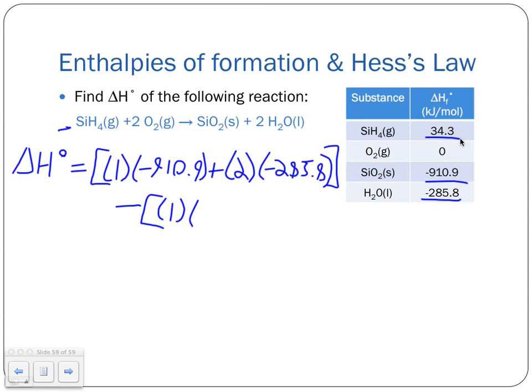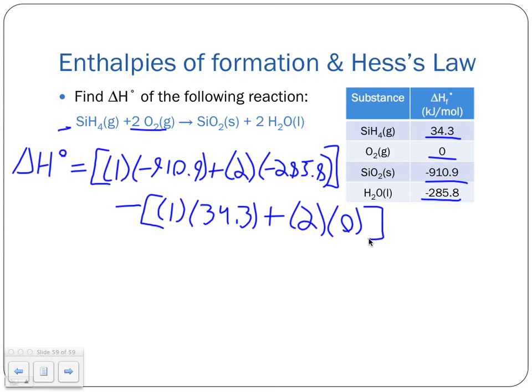Silane is going to be 34.3. And then we're going to add to that, because we're summing them up, 2O2, and so the coefficient is 2. O2 has a delta Hf of 0. Why is that? Because it's an element in its standard state. O2 at 25 degrees Celsius is a gas, and since it's in its standard state, that means the standard enthalpy of formation is 0.